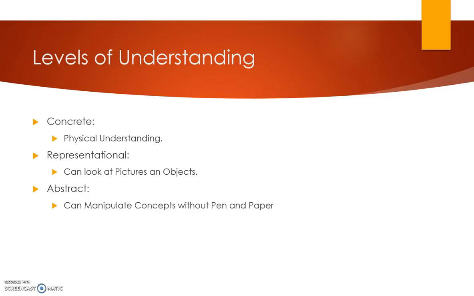Next is representational, and this is when you can look at pictures and objects and see them as representations, such as seeing dots as representations of numbers, or seeing tallies with a line through as a representation of 5. Lastly is abstract, and this is when you can manipulate concepts without a pen and paper. This is things like doing addition in your head, subtraction in your head, and anything else without using a calculator or any other assistive technology.